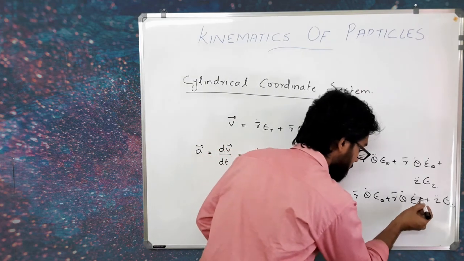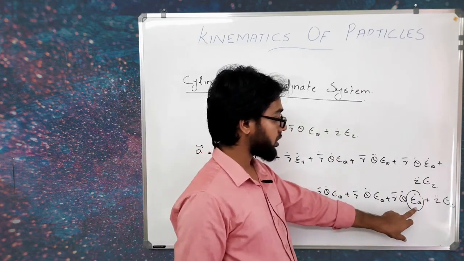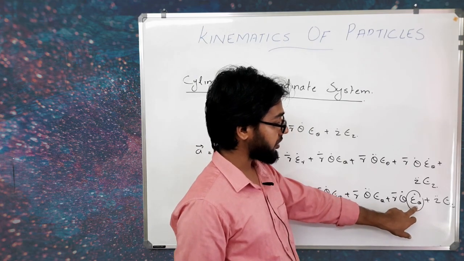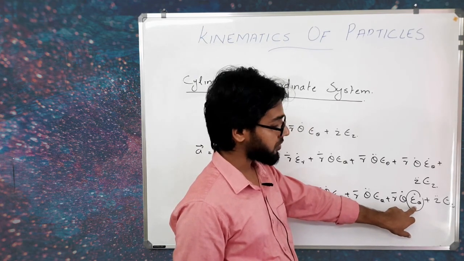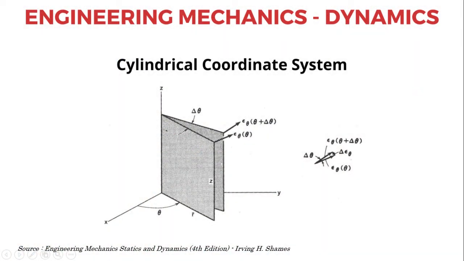Now look at here. We shall now dive into the time derivative of epsilon theta. Now look at the figure here, which shows the rotation of the unit vector epsilon theta during the same time interval. Here epsilon theta also rotates by the same angle delta theta. You can see here on the right hand side the corresponding rotation.